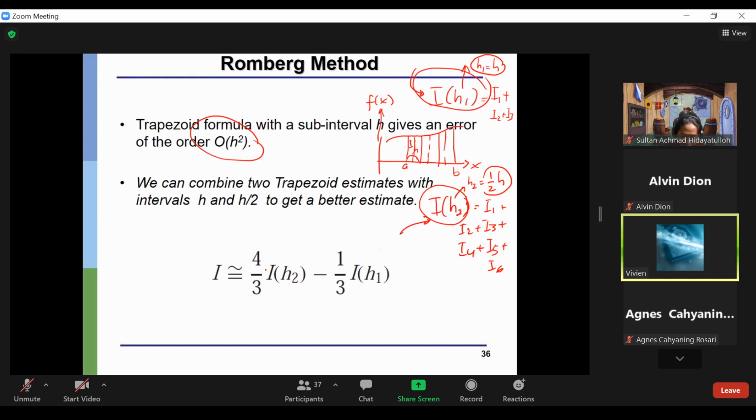When we combine both, we get a higher order scheme.